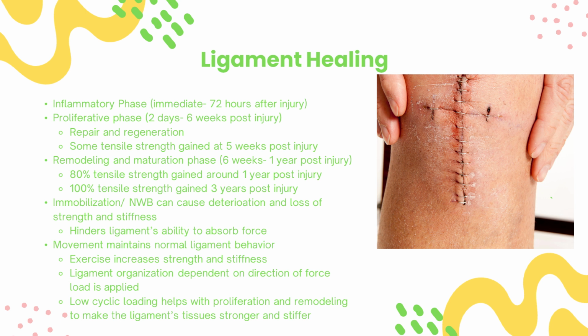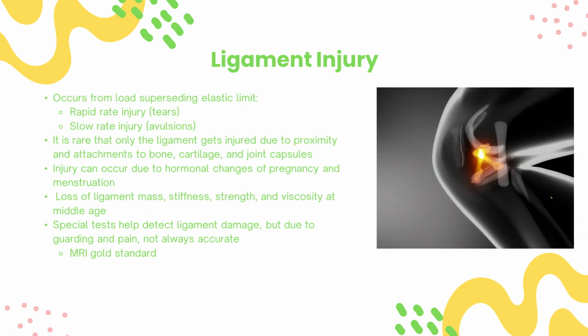All right. When it comes to ligament injury, again, the ligaments, just like the tendons, are going to get injured when the load that is imposed upon the ligament is more than what the ligament can tolerate. So when we think about that stress and strain curve, we have that toe region where the ligament is able to have some motion without any damage or change occurring.